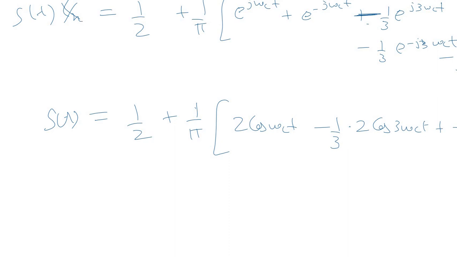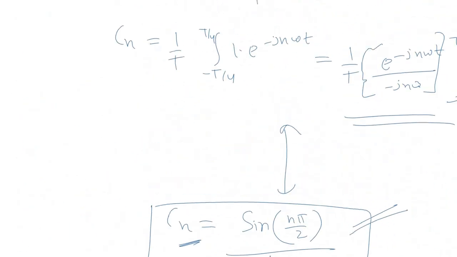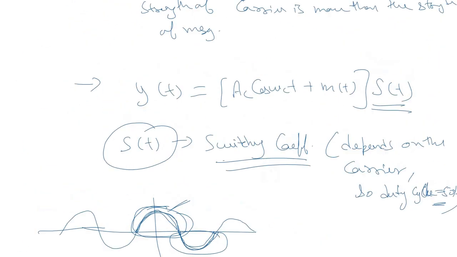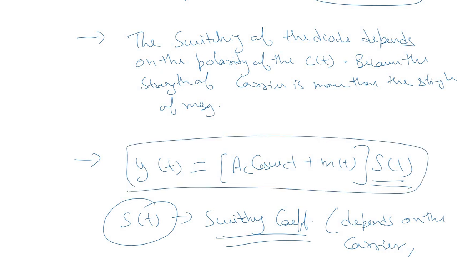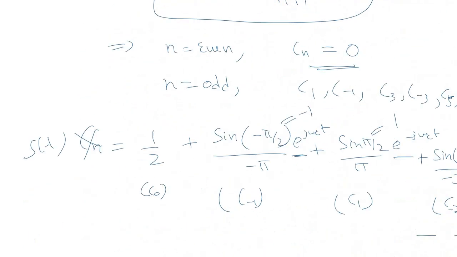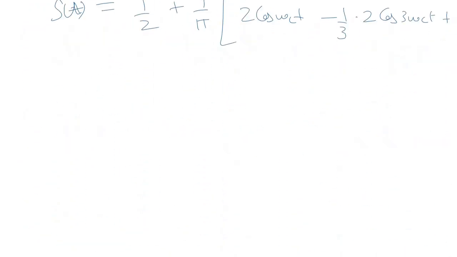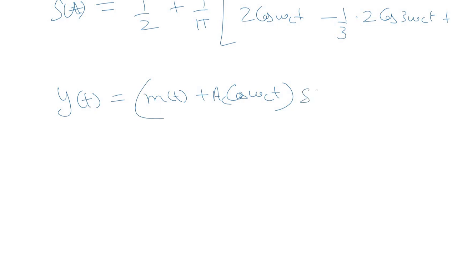Now if you multiply this switching coefficient with the summation of message and the carrier, that we have to do for this switching kind of a modulator, this expression S of t multiplied by m of t plus Ac cos omega ct. Let us look at the final terms now. y of t is equal to m of t plus Ac cos omega ct into S of t.